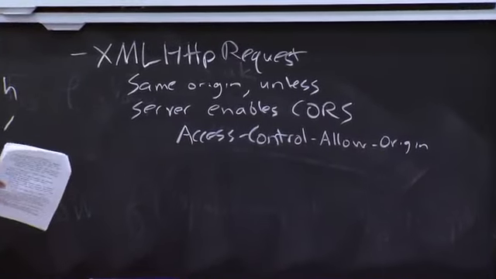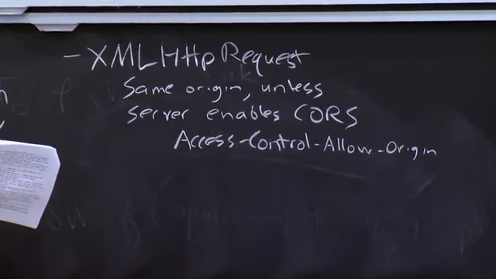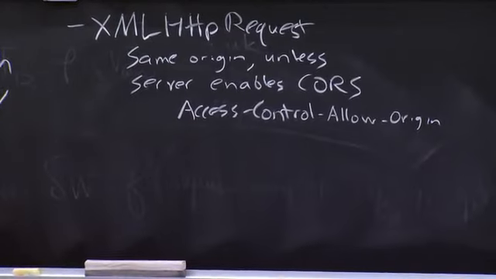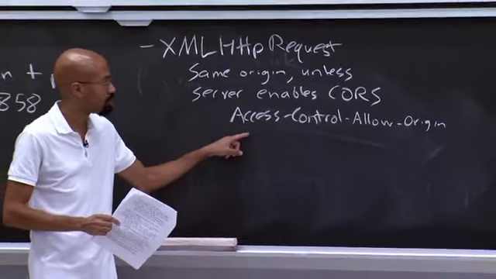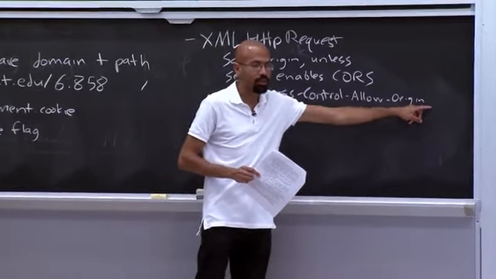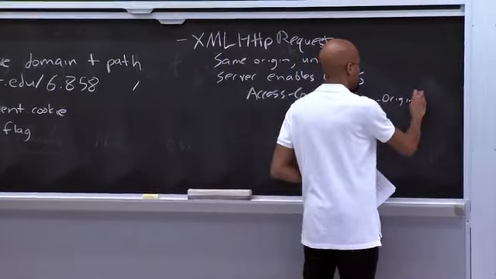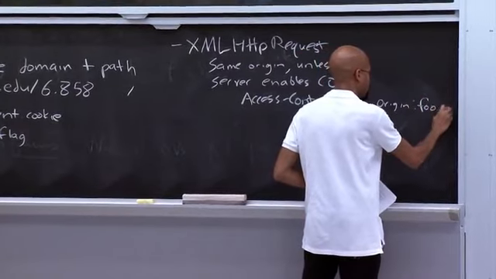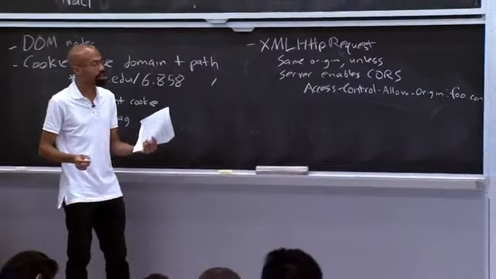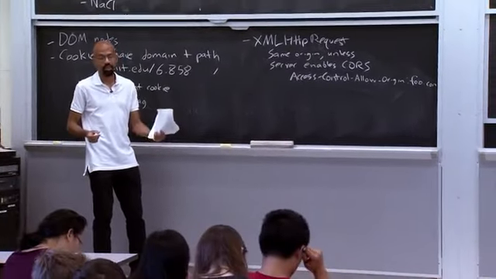That's cross-origin, as we've described in the rules so far. If the server in bar.com wants to allow this, it will return in its HTTP response this header that's going to say, yes, I allow, for example, foo.com to send me these cross-origin XML HTTP requests, right?